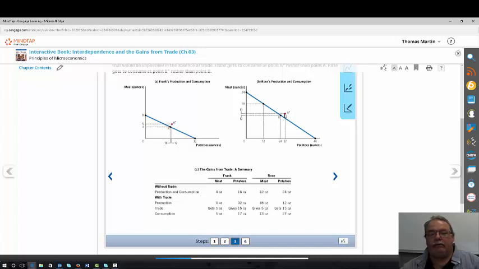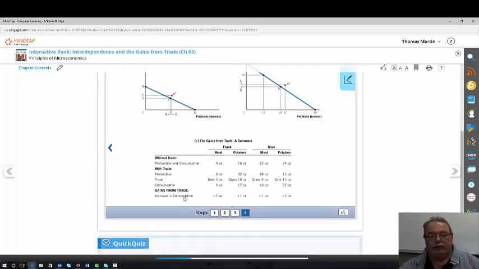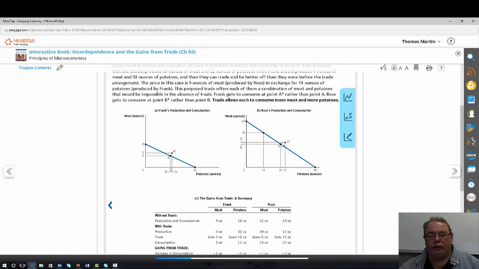So Frank gained 1 ounce of potatoes and 1 ounce of meat, while Rose gained 1 ounce of meat and 3 ounces of potatoes. They are both better off now than they were before, and it's simply because of trade. You can see the increase in consumption for each party. That's what I just discussed a moment ago.